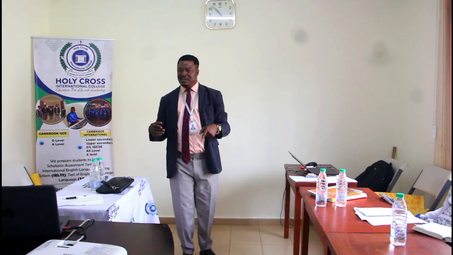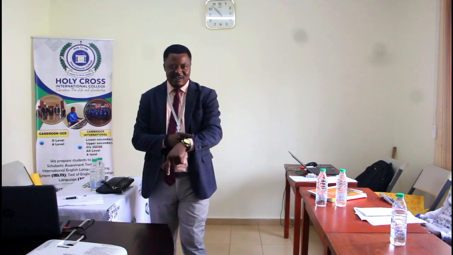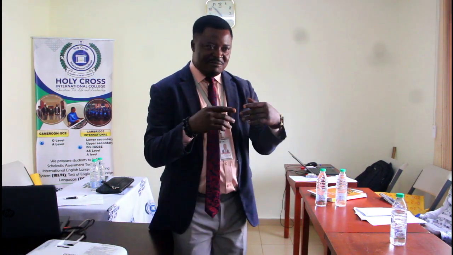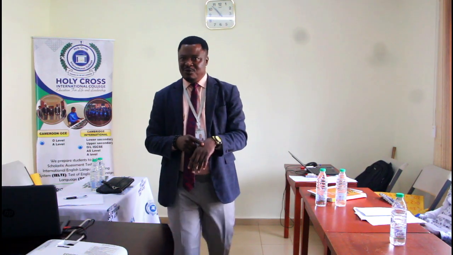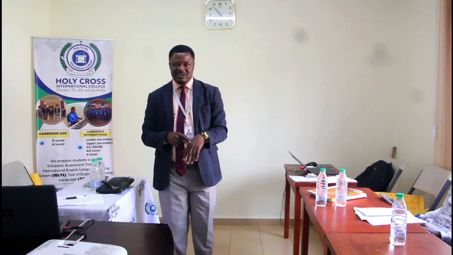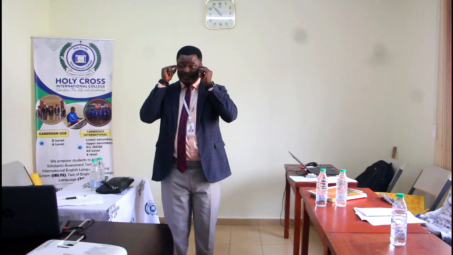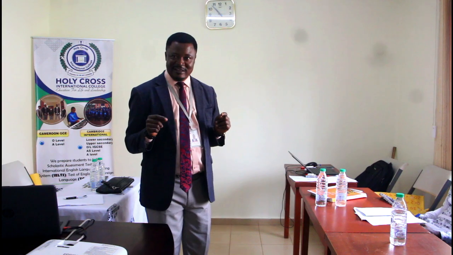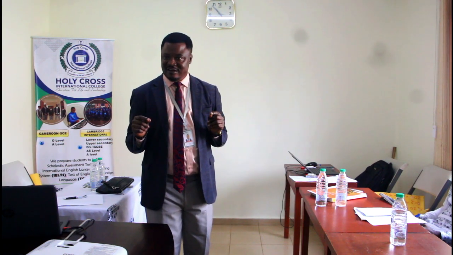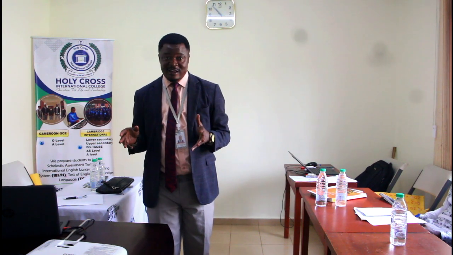Let me go further. Among the students that are coming to the school, we have a white-skinned child. Would the child be rejected because the child is white-skinned? We could have a child that has eyes like this. Chinese. Yeah, China. Would the child be rejected from China?